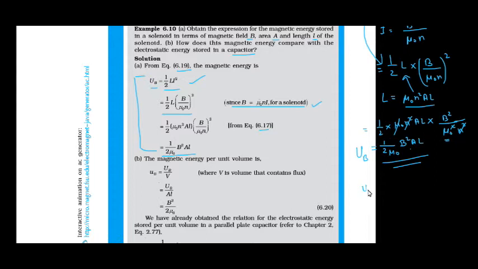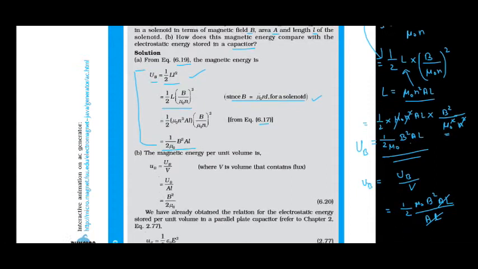So per unit volume, U_B upon V, with U_B as half mu naught B square AL upon AL. The AL gets cancelled.